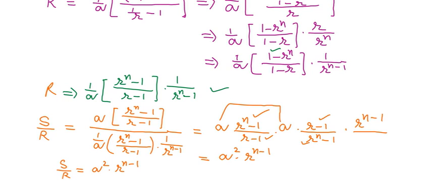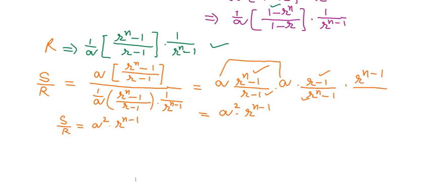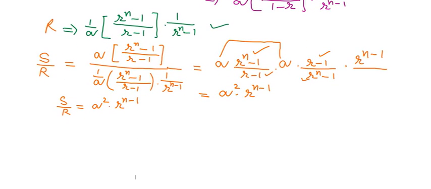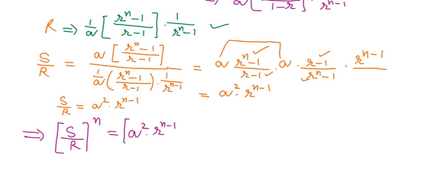Now see the next very important step. S upon R raised to the power n is equal to a square into r raised to the power n minus 1, whole raised to the power n. Okay, so we will have a raised to the power 2n into r raised to the power n into n minus 1.